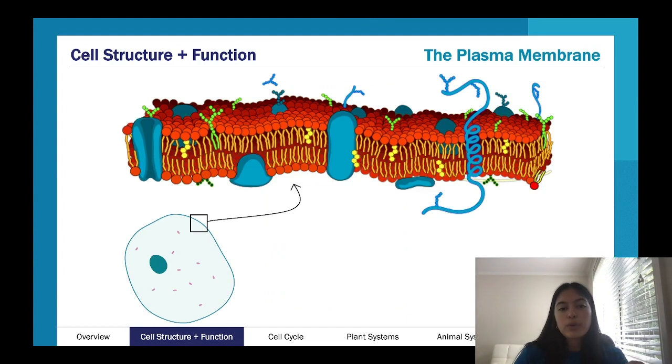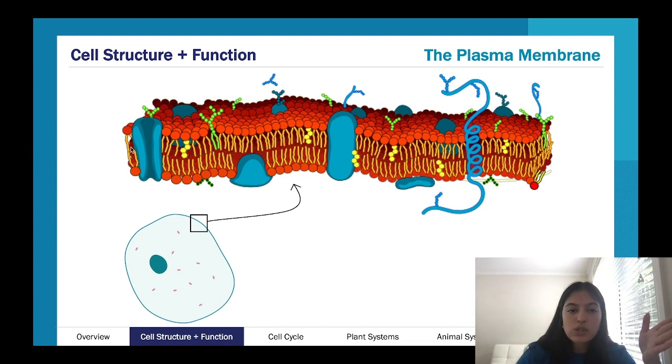Okay, the reason why we talk about this kind of stuff is because we look at it in the context of the plasma membrane. You can see this is meant to be a cell. The plasma membrane, what we were talking about before, in terms of how chloroplast and mitochondria have a double membrane, the plasma membrane just refers to the membrane that wraps the cell, essentially. So it looks like this.